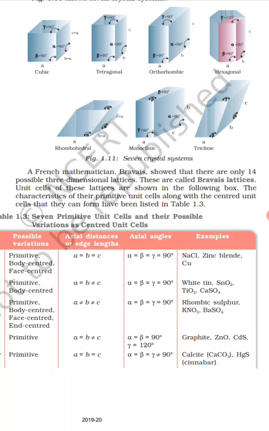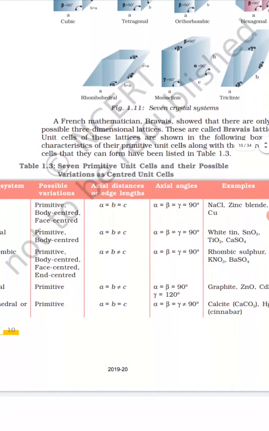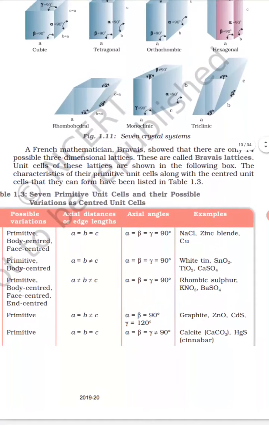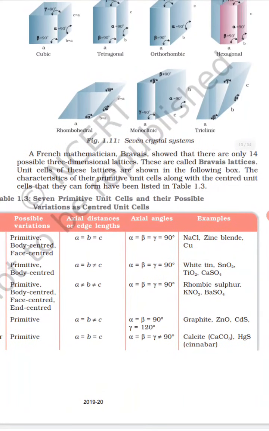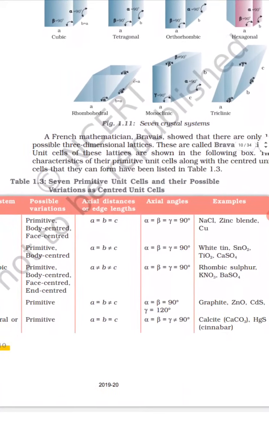Thus, the total number of space lattices belonging to all the 7 basic crystal systems put together is only 14. And these 14 lattices are also known as Bravais lattices.